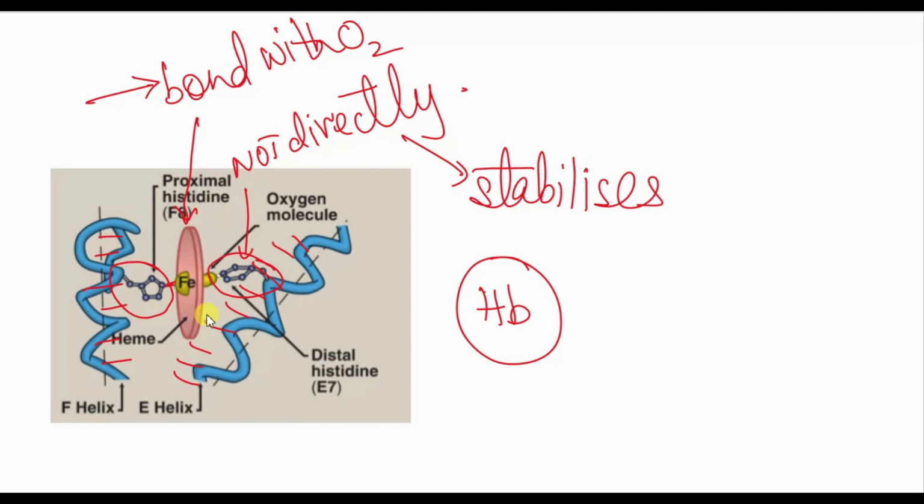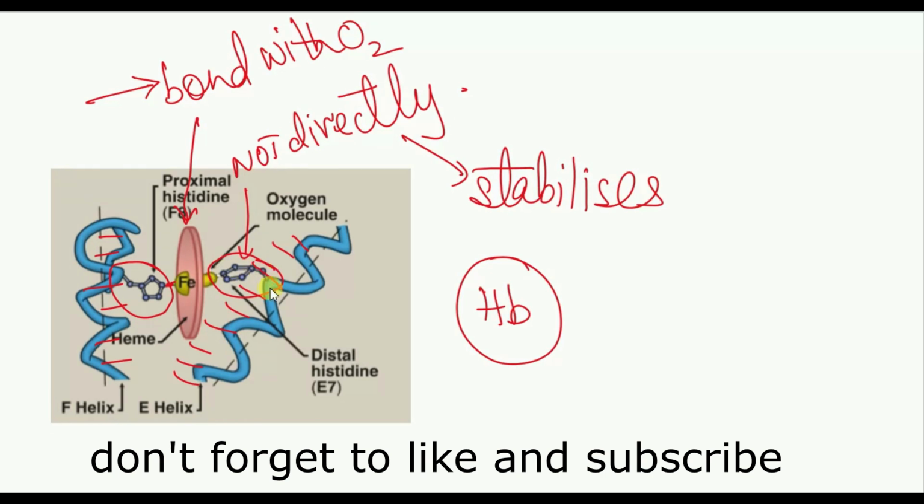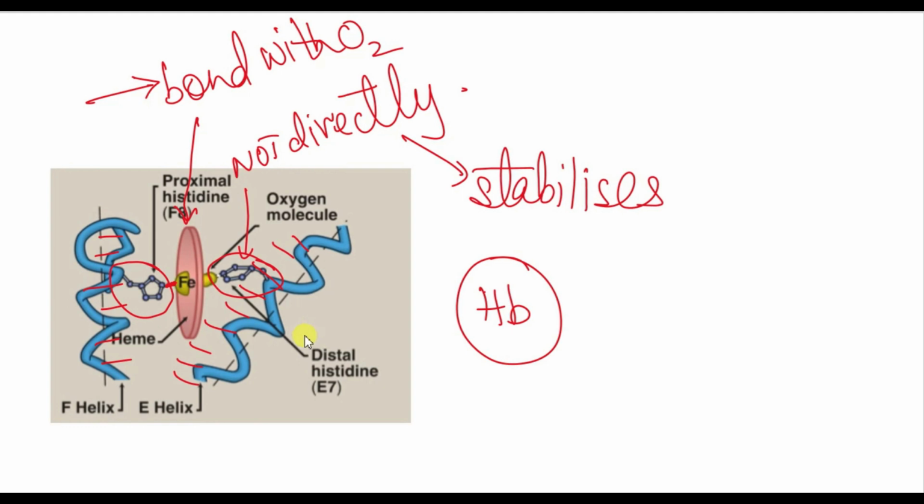And inside of these pockets, we have a heme molecule, basically an iron and a protoporphyrin ring, which is bonded to an oxygen, and an E7 distal histidine and an F8 proximal histidine. The F8 proximal histidine is directly covalently bonded to the iron, the ferrous ion, whereas the E7 distal histidine is bonded to the oxygen, and its main role is stabilization of the bonding of oxygen to the ferrous ion.